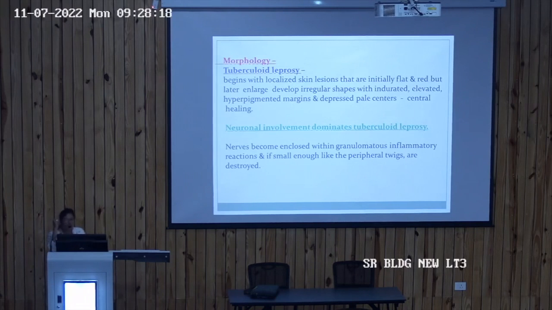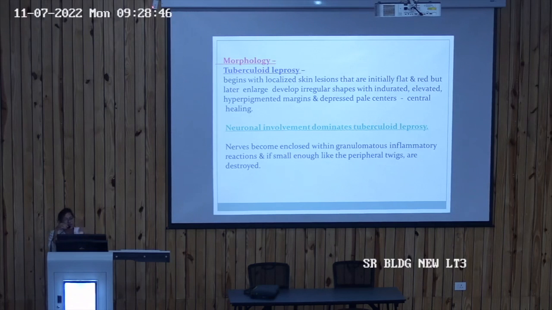So morphology, what we see in tuberculoid leprosy: it usually presents as localized skin lesions that are initially flat and red. But later they develop into an irregular shape, and the skin lesion enlarges, with peripheral induration and elevation of the margins, and the margins are hyperpigmented.